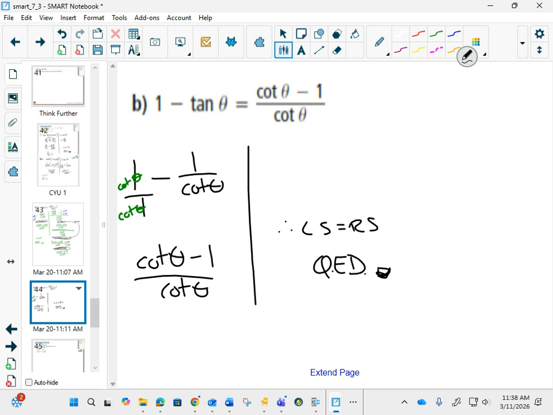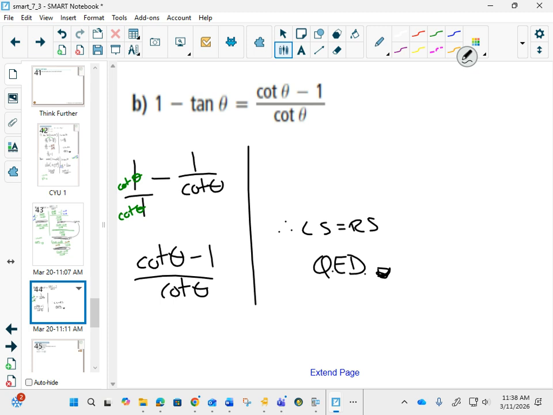So sometimes proofs can be, the main strategy is good, it will work, but it may make your proof longer. If you can get both sides of your equation with the same trig function in one step, that often can be shorter. And in this case, you can see how much shorter it is if I change everything to cotangent. So proofs give you some options.